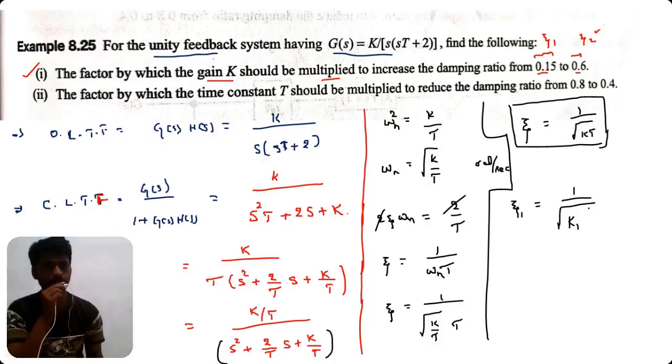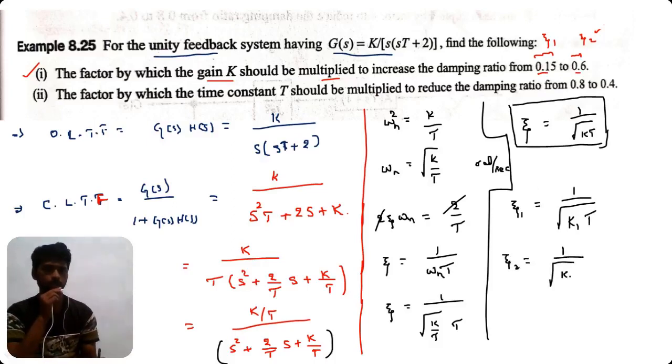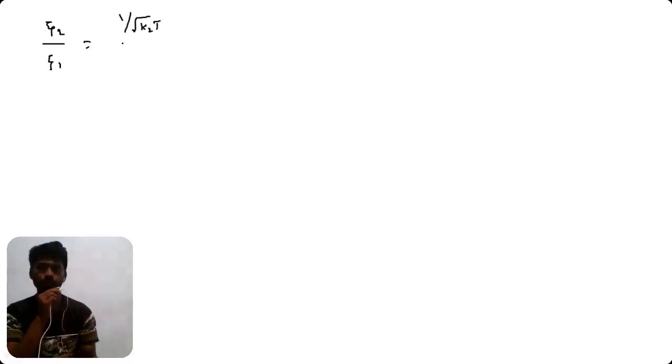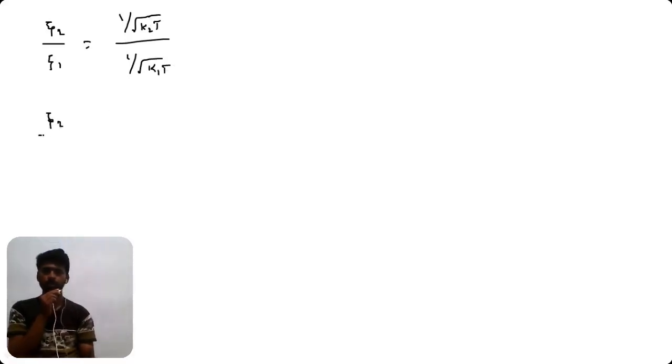We are keeping the value of T constant. So zeta 1 will be 1 by under root K1 T, and zeta 2 will be 1 by under root K2 T. Then zeta 2 by zeta 1 is 1 by under root K2 T by 1 by under root K1 T. Here T gets cancelled, so zeta 2 by zeta 1 equals under root K1 by K2.